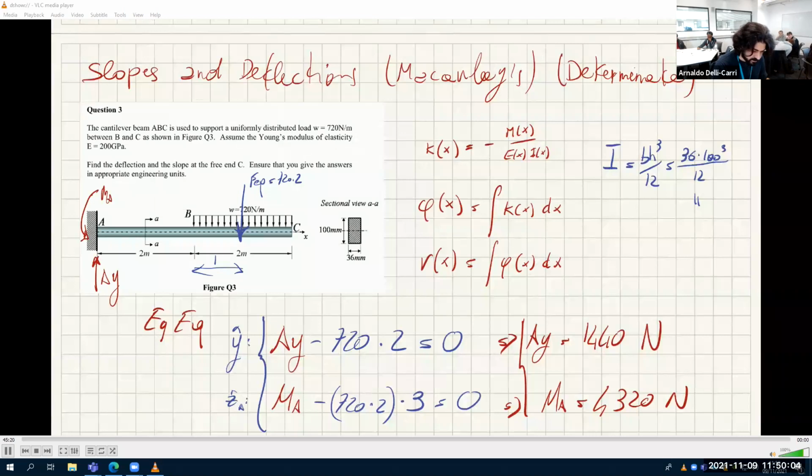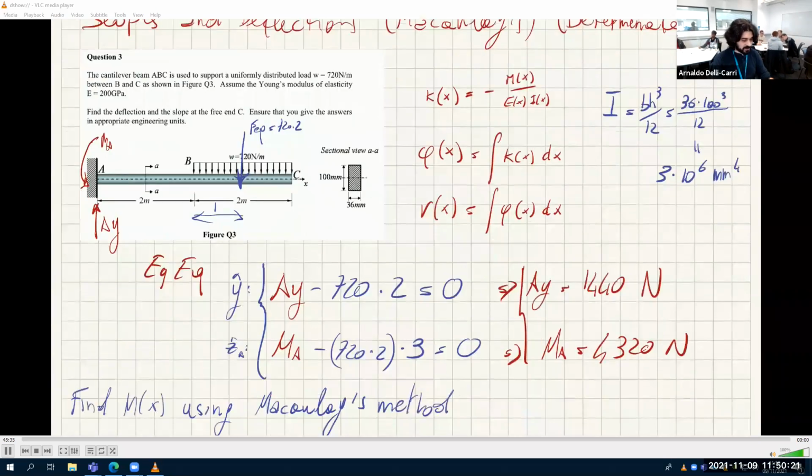It's 3 million. So it's 3 times 10 to the power of 6 millimeters to the power of 4. It's constant everywhere, so it does not depend on x.